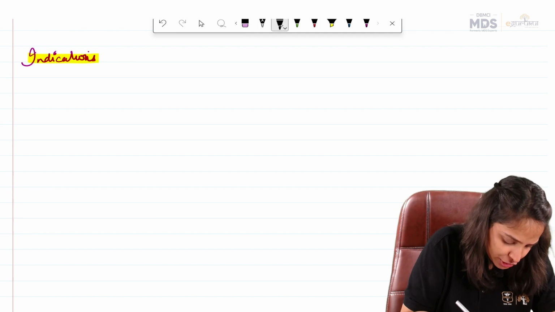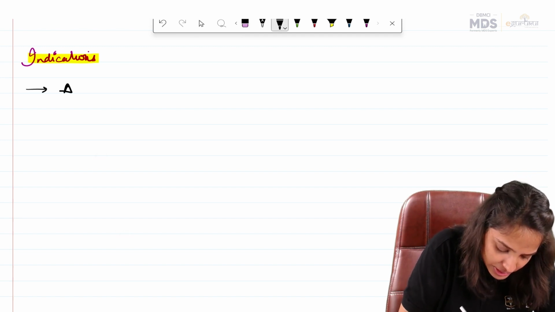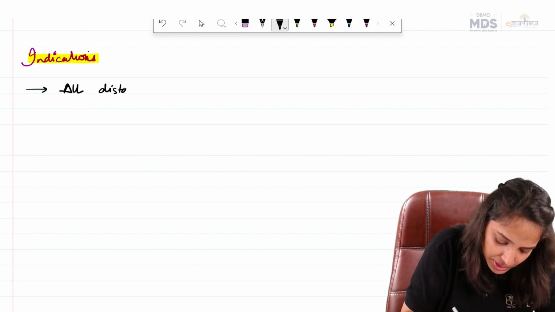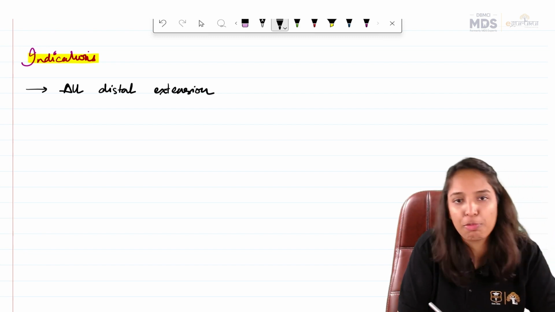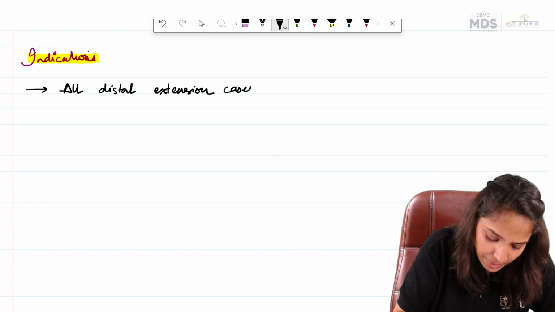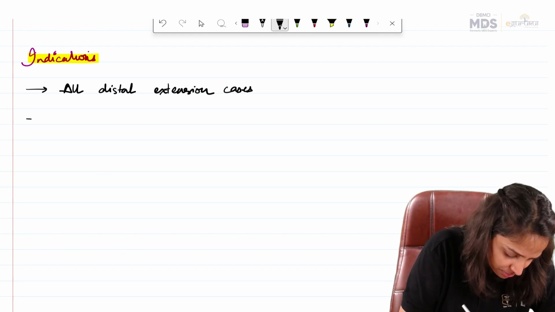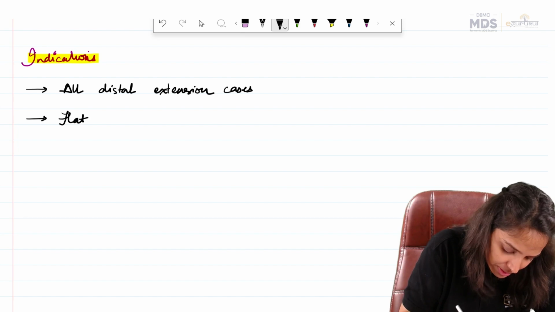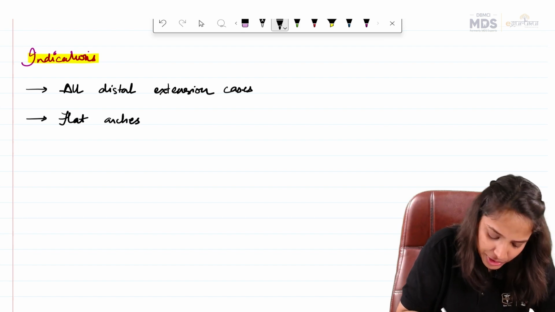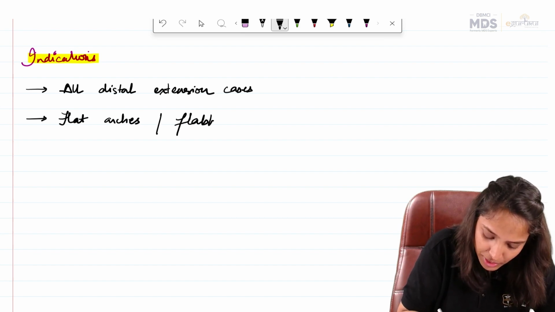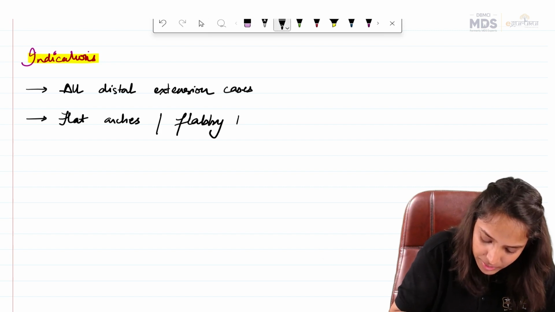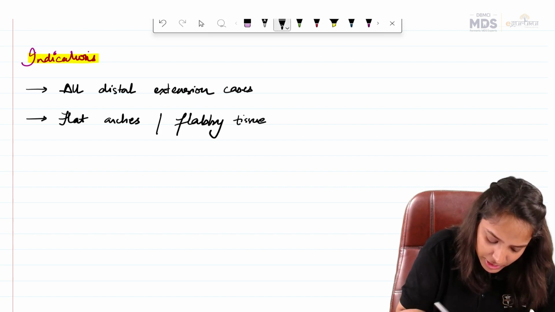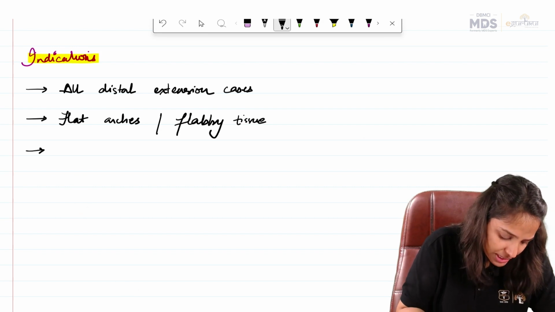The first indication is all distal extension, which means class 1 and 2 cases, even the cases which have poor support from the abutment teeth. When you see flat arches or you have flabby tissue, so all of the cases where either the tissue or the abutment support is poor.